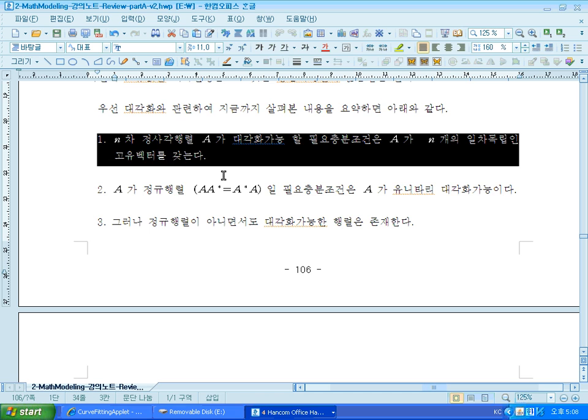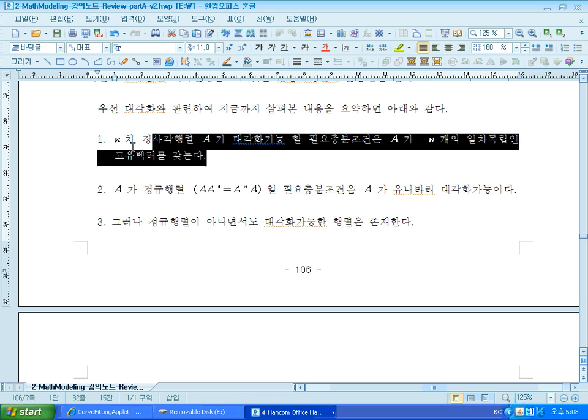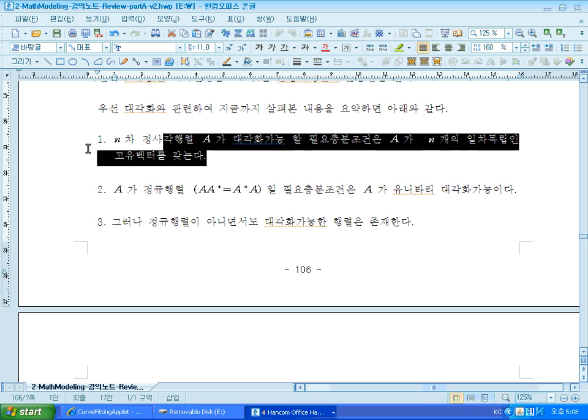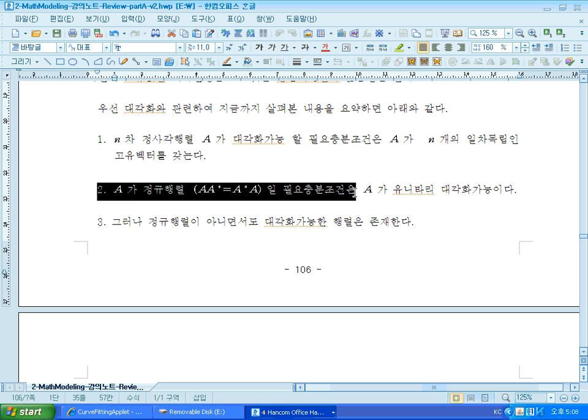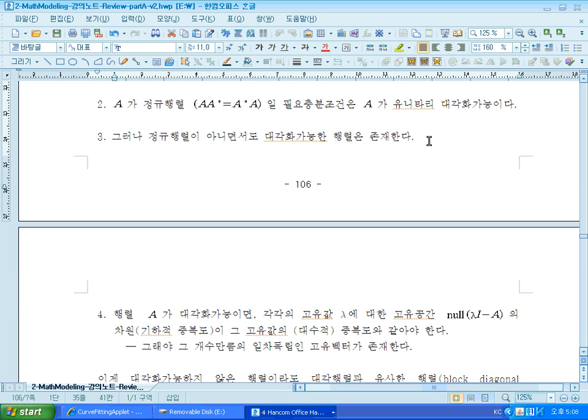If a square matrix has a full set of linearly independent eigenvectors, then it is diagonalizable. In that case, it's very simple. If a matrix is a normal matrix, then it is unitarily diagonalizable, so it can be done easily.